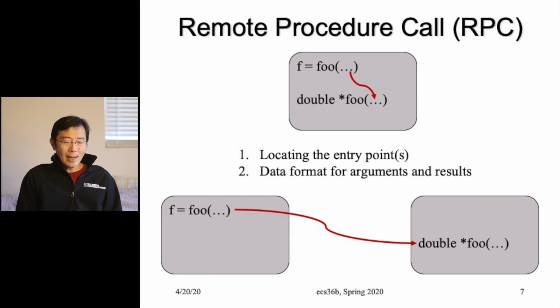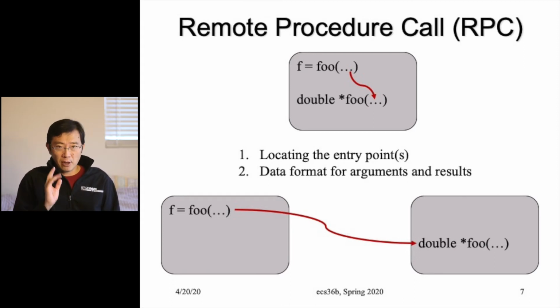Okay. All right. So in order to implement this idea, remote procedure call, your homework assignment number 3, which some of you already started working on, is called RPC. You have to solve two problems. In fact, for any remote procedure call, you must find a way to deal with these two problems.